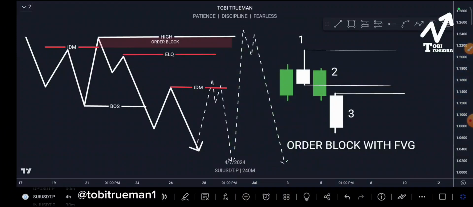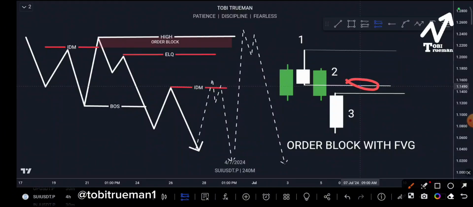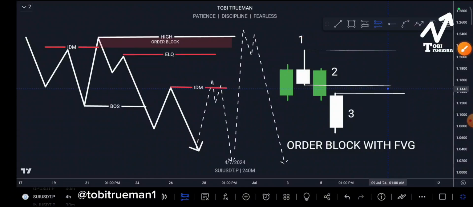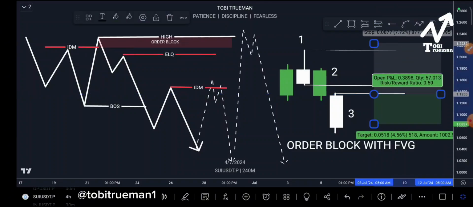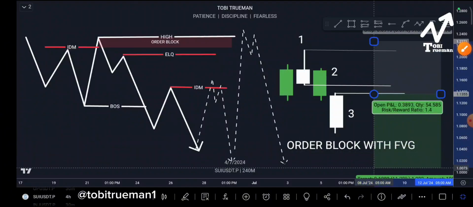Then for buying, we do a similar thing. Instead of putting our selling instrument at the low point of that number one candlestick, we put it at the high point of this number three candlestick. Then our stop loss will also be at the high point of the number one candlestick. So we put it there, and then we sell. So we are anticipating price to give us two scenarios.